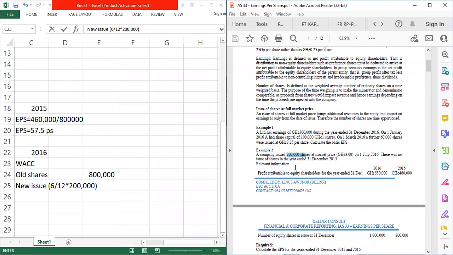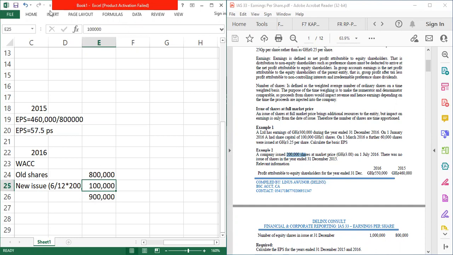So they have contributed only 6 months. That 6 months will give them only 100,000 portion of the share. And this will give us 900,000, because the 800,000 have been there from the beginning, so they will get a full year. But the people that came in are going to get only the 6 months portion, which is the 100,000 shares.